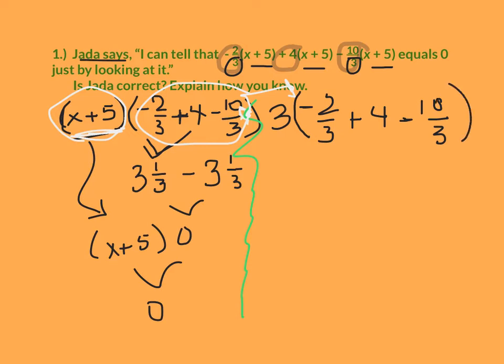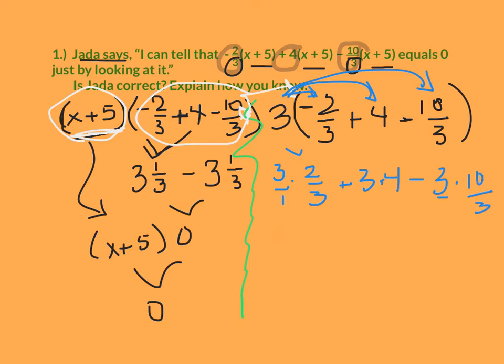Okay, so if I were to multiply each of these by 3, because that's in essence what we're doing, we'd have 3 over 1 times 2/3, plus 3 times 4, minus 3 times 10/3.